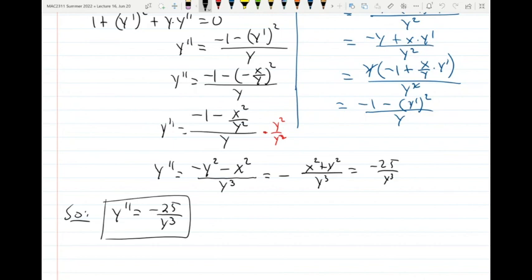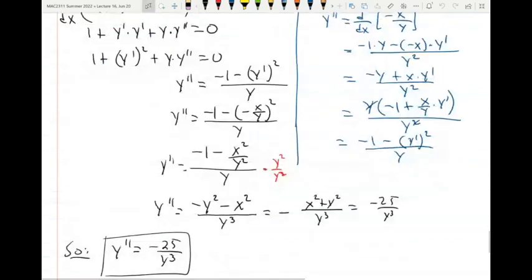Which, by the way, if now you need to find the third derivative, the fourth derivative, and so on, it's pretty easy because the third derivative is a power rule, chain rule. The fourth derivative, you have to use a bunch of rules and so on. But still, it's more manageable than before. Okay. Questions?